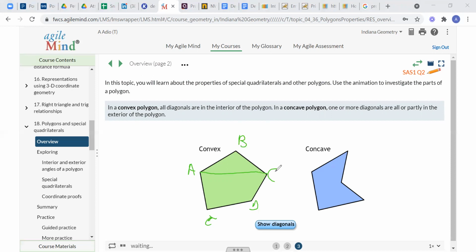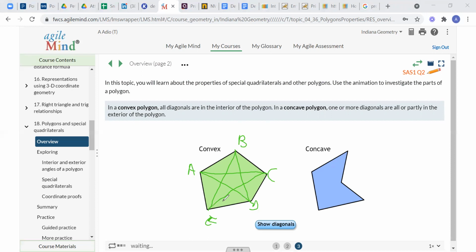It's inside the polygon. If I trace this, it's also inside. This one is also inside the polygon. If I trace B to D, it's inside. B to E, it's inside the polygon. And then C to E, it's also inside the polygon.